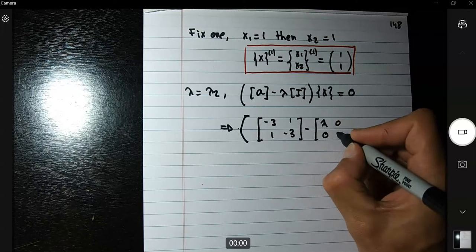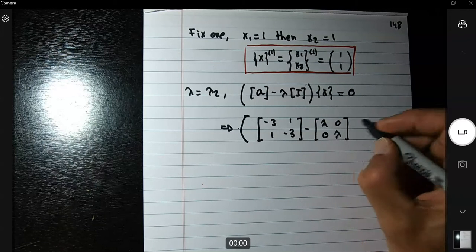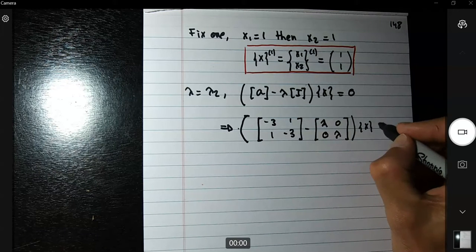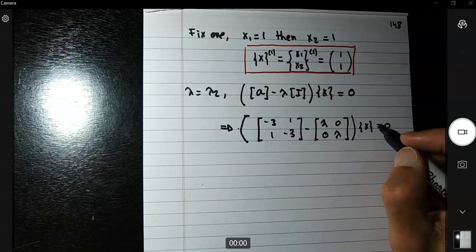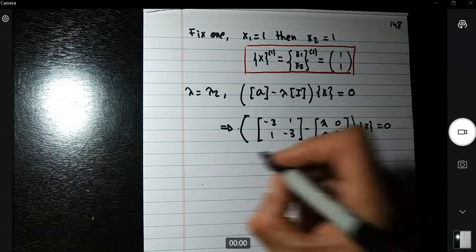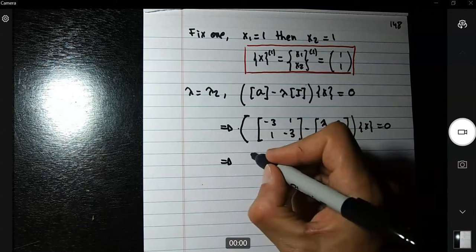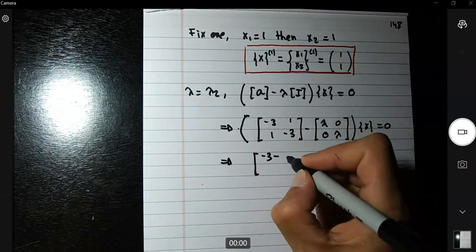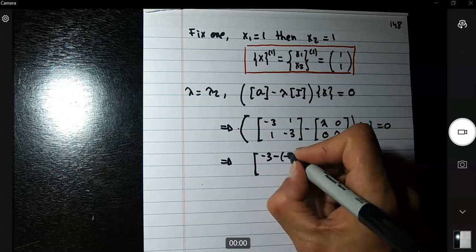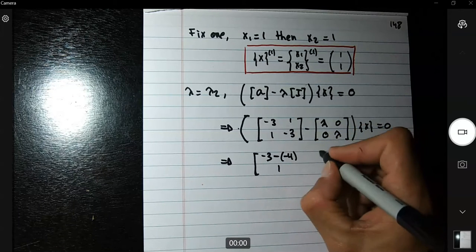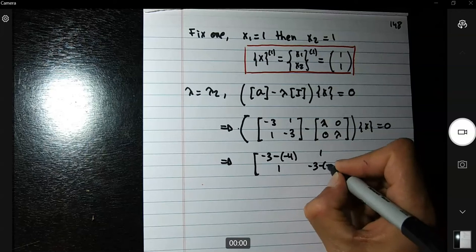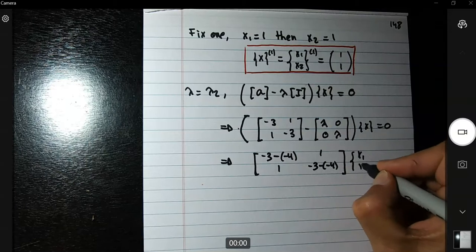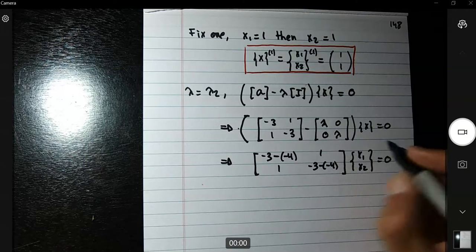Lambda of x will be equal to 0, which is just going to give us minus 3 minus the second value, which was minus 4, 1, 1, minus 3 minus 4, of, let's expand this, x1, x2 equal to 0.